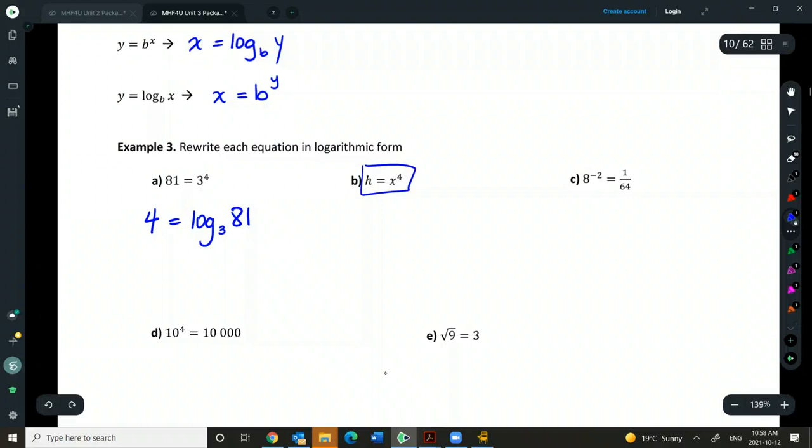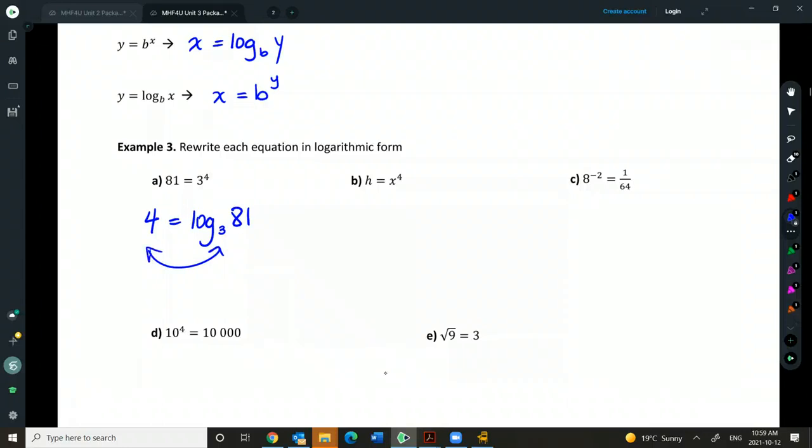Okay, does someone want to do B for us? Try it out. Also, you can have this in either order, like log base 3 of 81 equals 4, or vice versa. Who can try B for us? Zach?